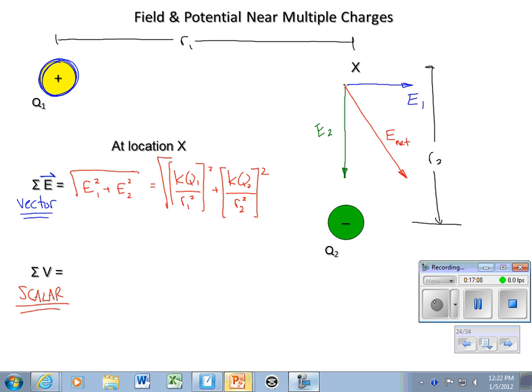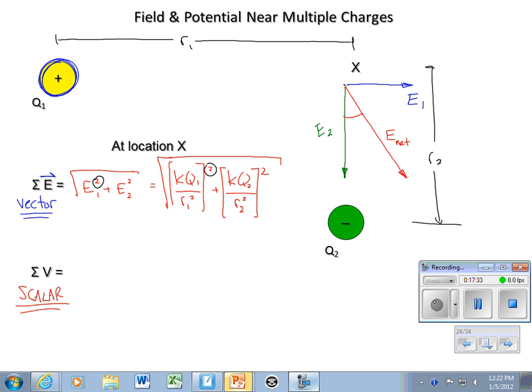Don't forget to square that stuff. If we knew Q1, Q2, R1, R2, we could find the magnitude of the net field. We could also do some trig to find the angle, if we wanted that. Hopefully nothing too new there.